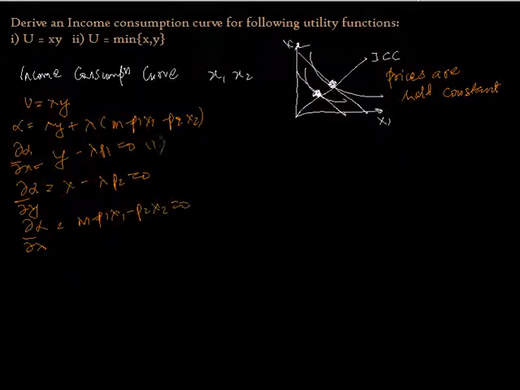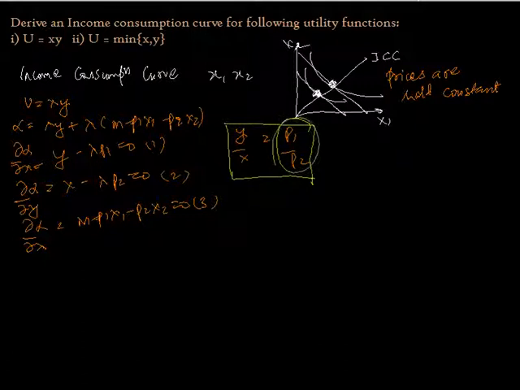So you divide 1 by 2, you will get y upon x is equal to p1 by p2. This is your income consumption curve in case of a Cobb-Douglas utility function for a given level of prices.